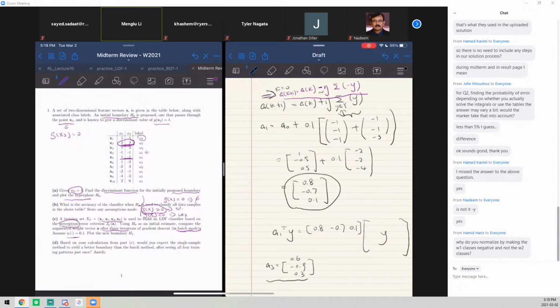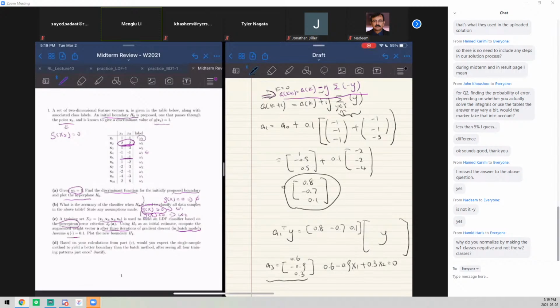So we use this weight to get the new boundary: 0.6 minus 0.9 x1 plus 0.3 x2 equals 1, because we want to get the boundary.